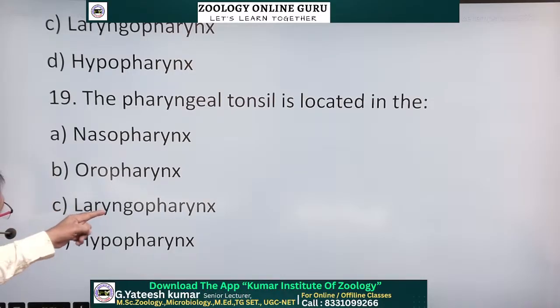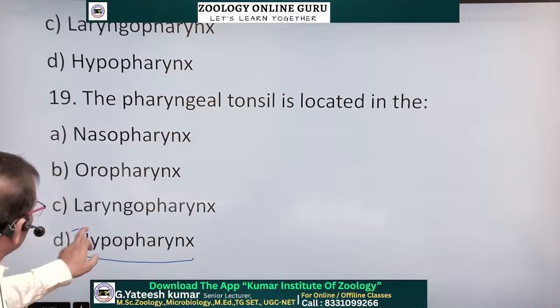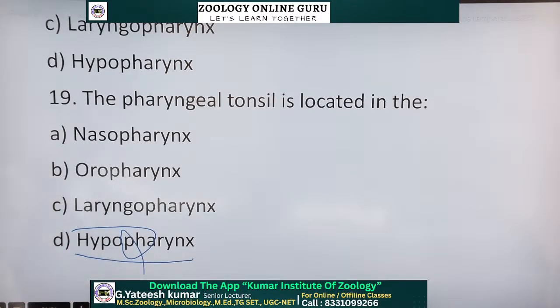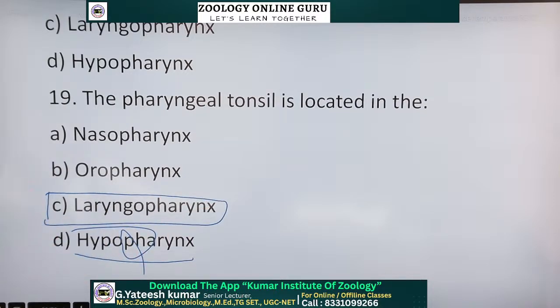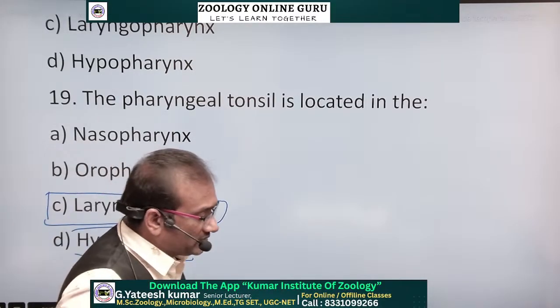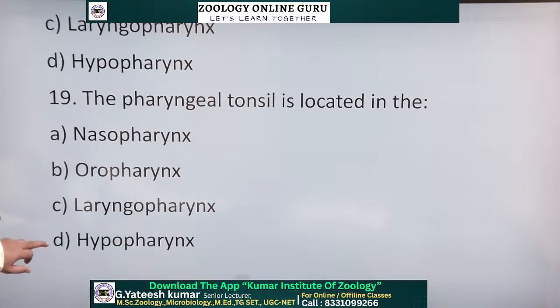Then the larynx area, laryngopharynx, and hypopharynx, which is a new word. The pharyngeal tonsils are located in the laryngopharynx area. Okay. Next, question number 20.